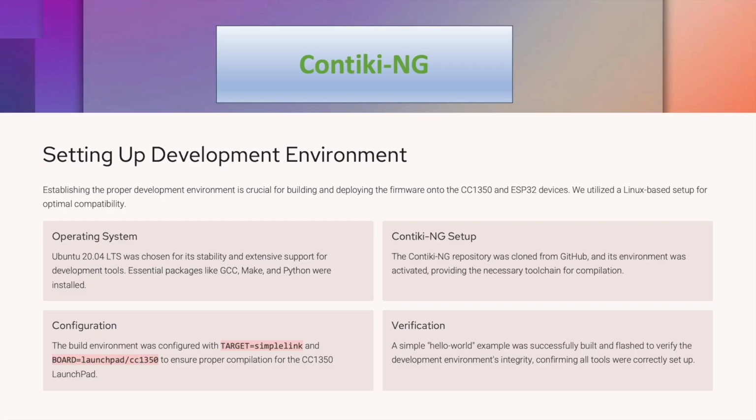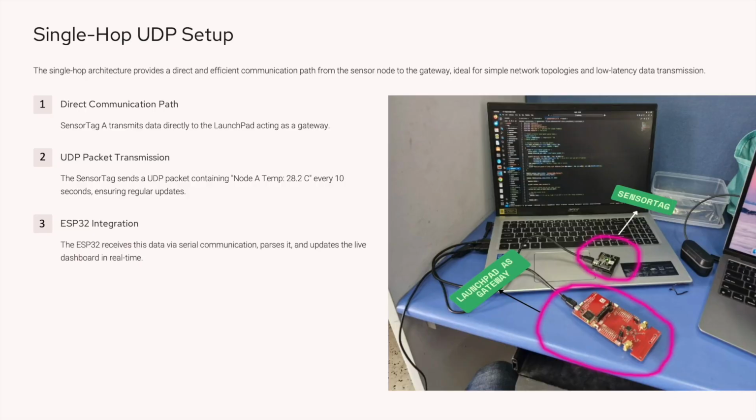In software tools we have Contiki-NG, which is a very good tool for setting up the environment and is very helpful in using Texas Instruments software, and it is open source. So moving to the single-hop network which I have developed here, it is like this.